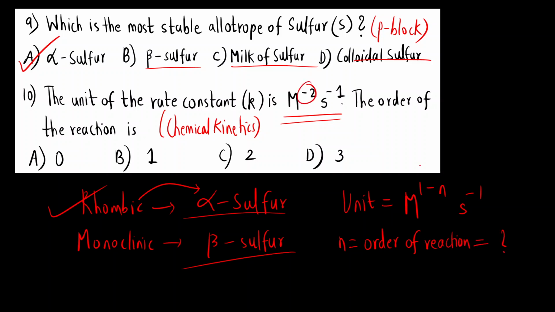So if you compare this with whatever is given, minus 2 is equal to 1 minus n. So what will be n? n will be 1 minus of minus 2.